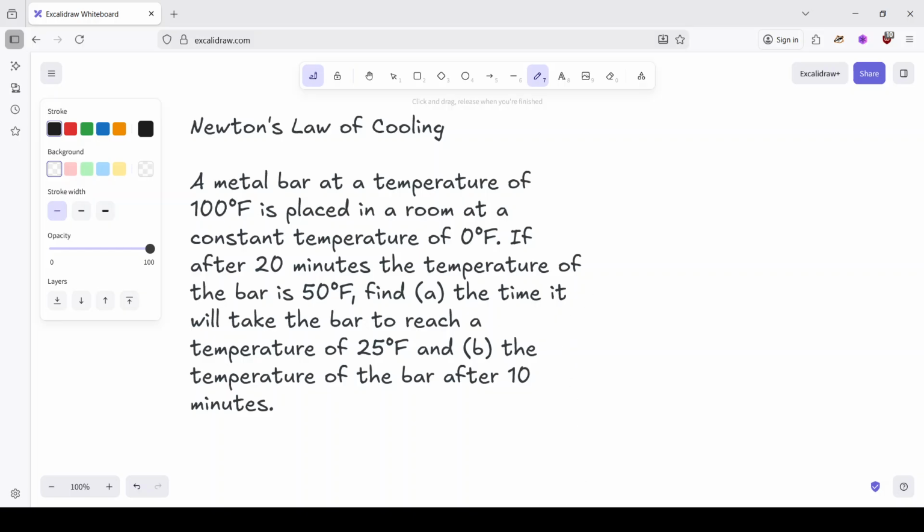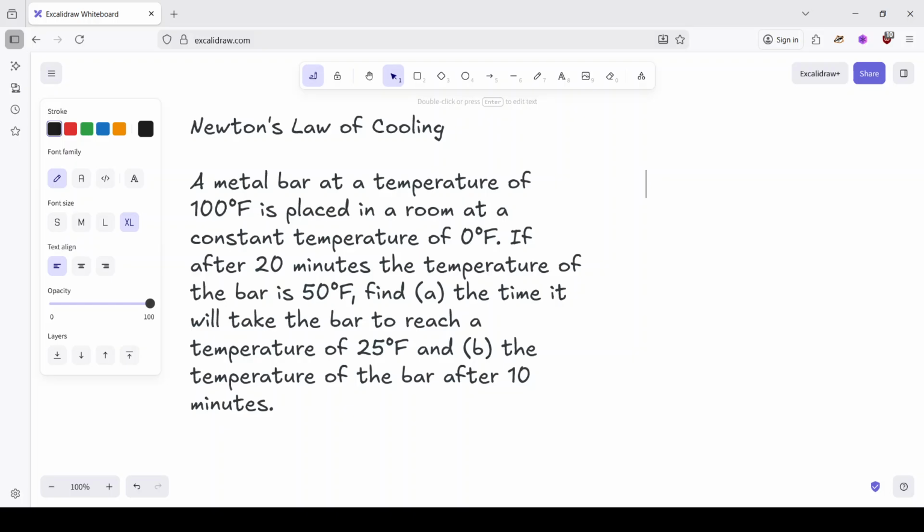Okay, so let's proceed. Basically, the main concept of Newton's law of cooling is that the ambient temperature will be the maximum or the minimum temperature.